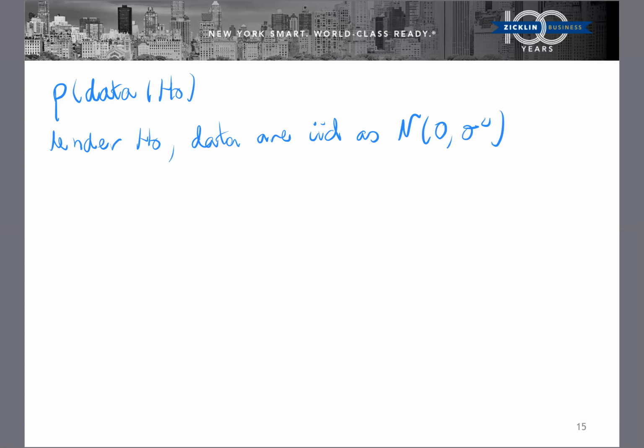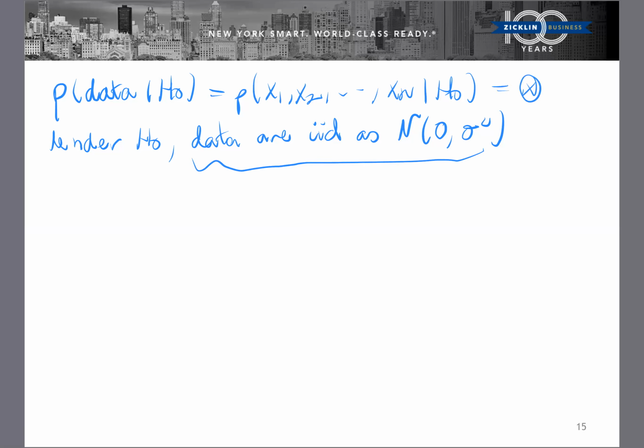So the probability of the data is the probability of x1, x2, all the way up to xn, given H0. Given this piece of information, how can I write this?